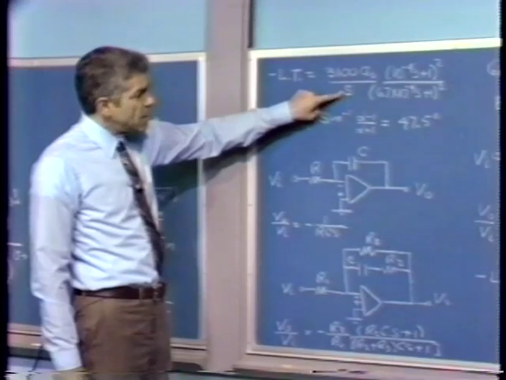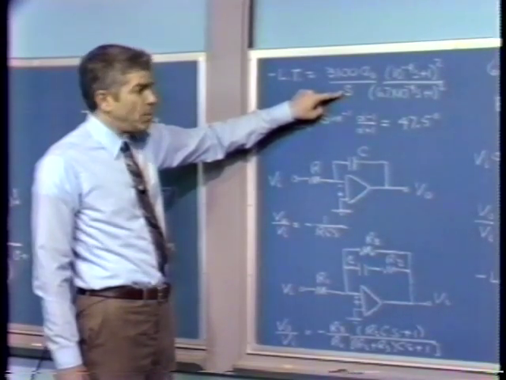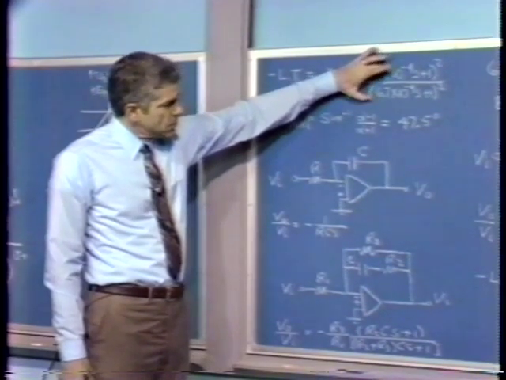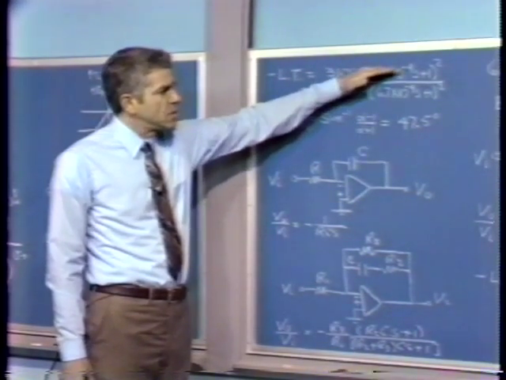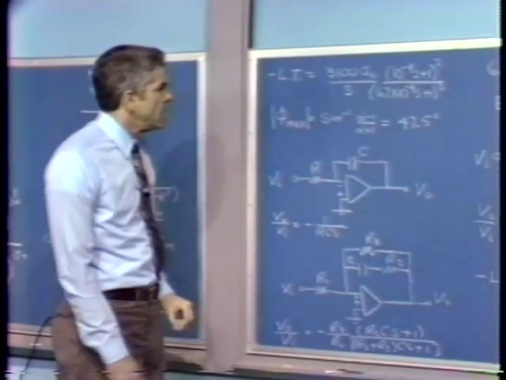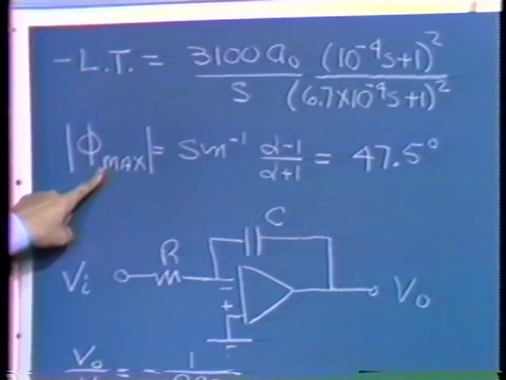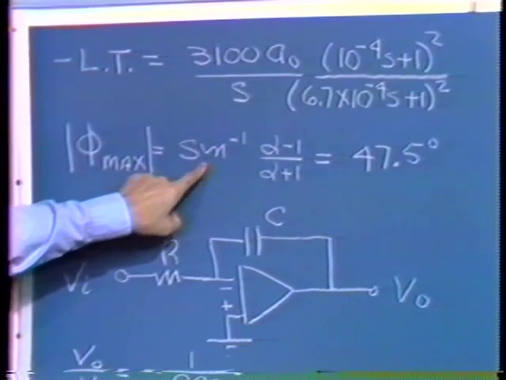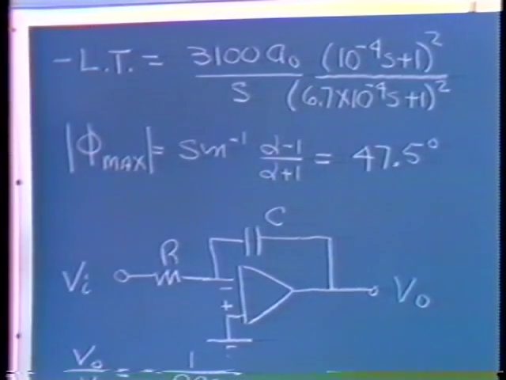We get a negative 90 degrees of phase shift from the pole at the origin, and then we can view this combination, the two poles and the two zeros, as simply two cascaded lag-type transfer functions. If you recall, the expression for the maximum phase shift that we get out of either a lead-type transfer function or a lag-type transfer function, the maximum phase shift, is simply the arc sine of alpha minus 1 over alpha plus 1, where alpha is, of course, the ratio of the frequencies associated with the pole and the zero.